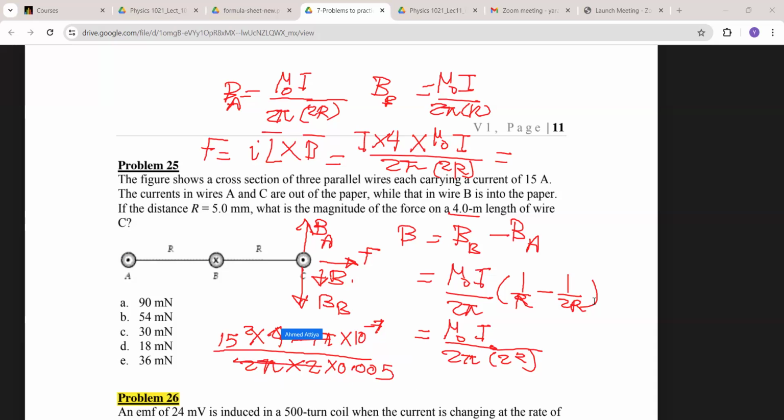So 15 squared multiplied by 4 multiplied by 10 to the power minus 7 over 0.005. Calculate this.